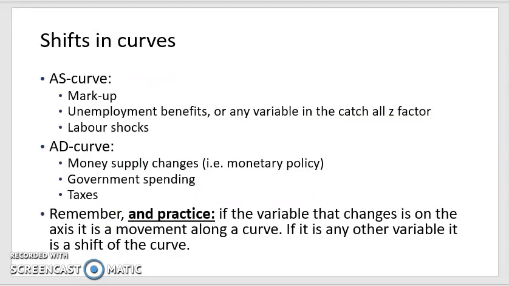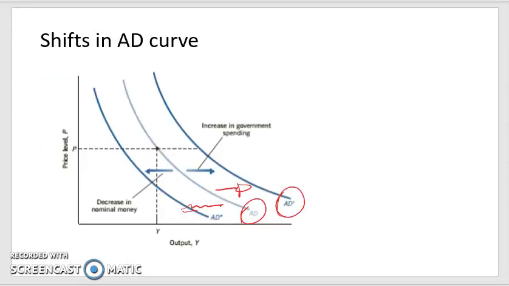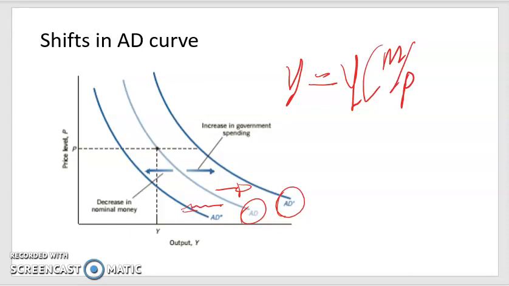In essence, the aggregate demand curve captures a presentation of the AD relation, which is given by output being an increasing function of real money stock, as well as an increasing function of government spending and a decreasing function of tax.